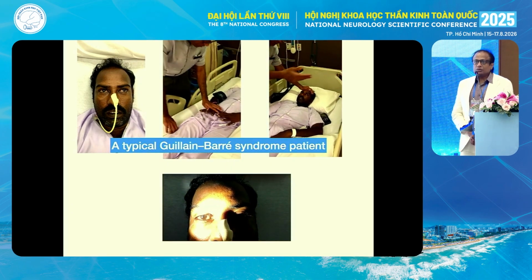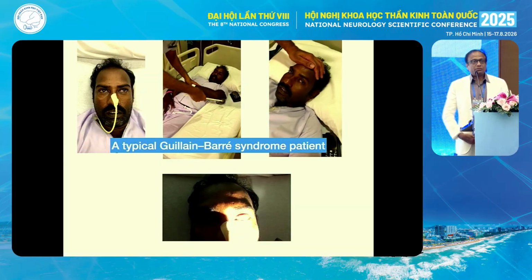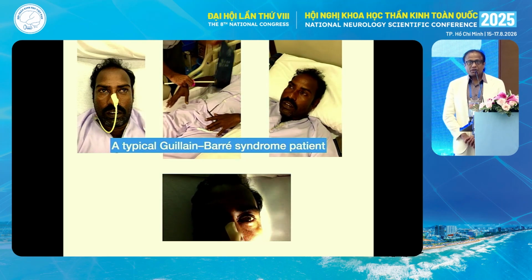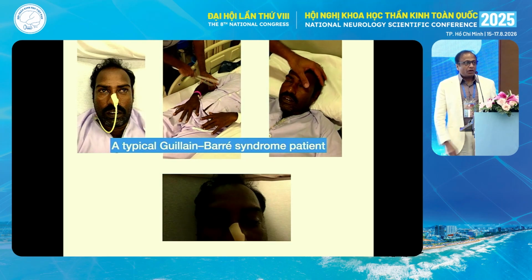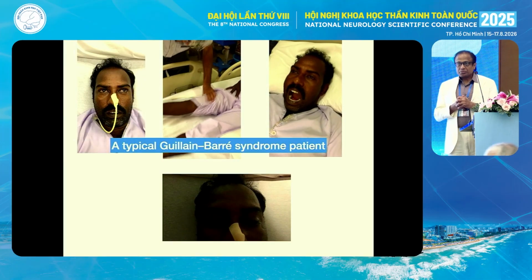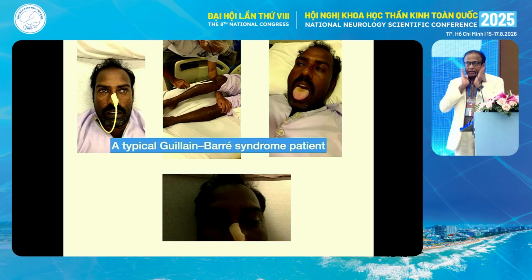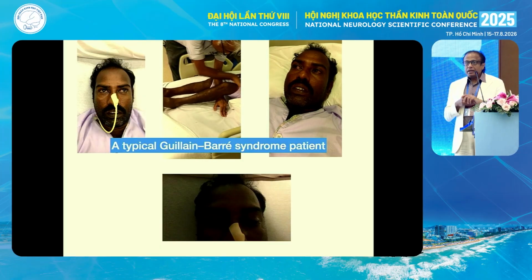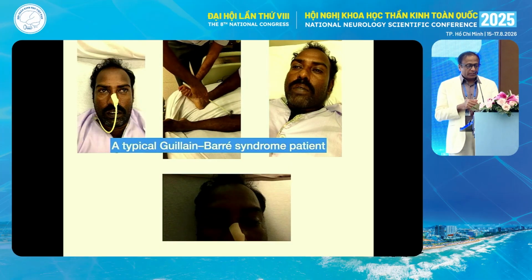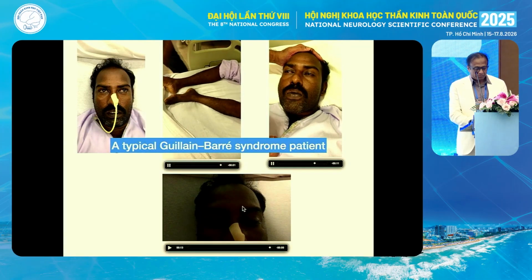Okay, so this is a typical Guillain-Barré syndrome. A patient comes to you with acute flaccid weakness and sensory loss. Often the symptoms start from the lower limbs and ascend upwards. Very characteristically, these patients have cranial neuropathies like oculomotor dysfunction, you can see in this picture, swallowing and speech problems, and autonomic dysfunction.